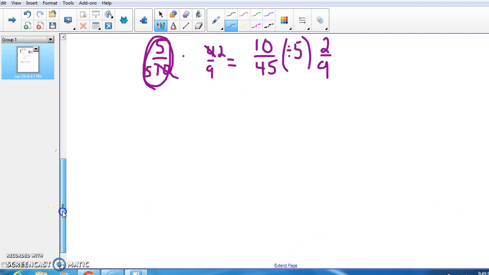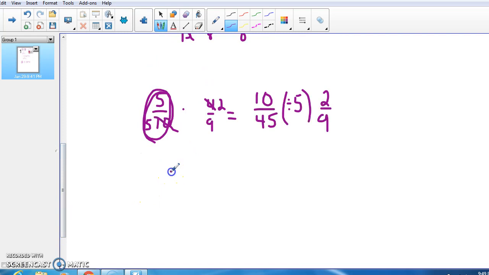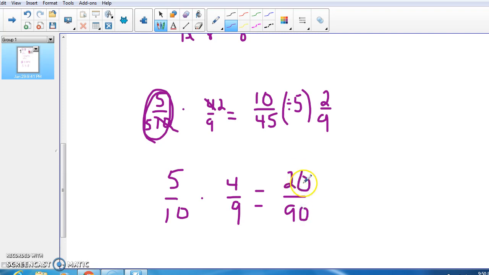By the way, I'm going to backtrack one way, and let's not simplify it and just multiply across. You'll see what happens there. We're going to have 20 over 90. And then another way you could have simplified is to recognize they're both divisible by 10, which basically means that we can chop off both these zeros to get 2/9.